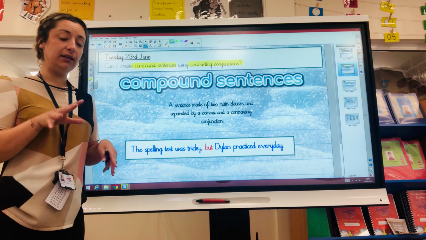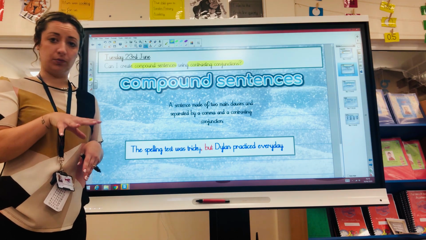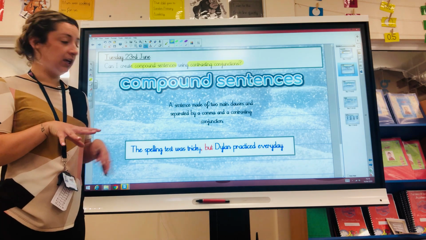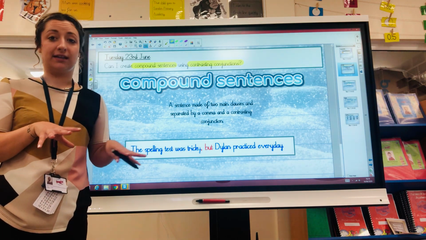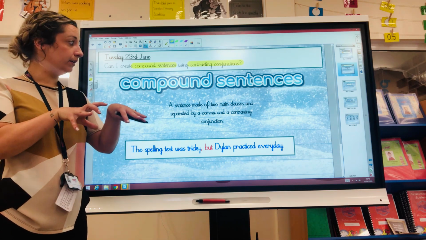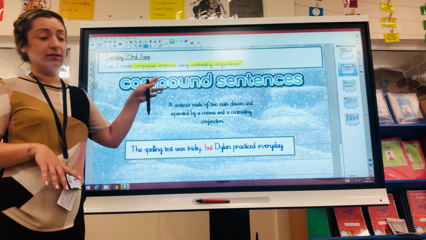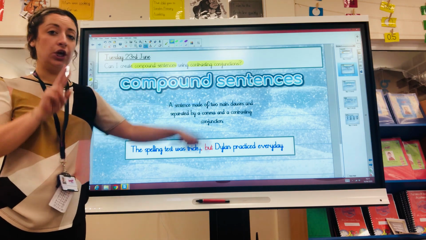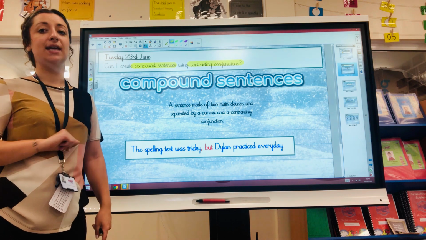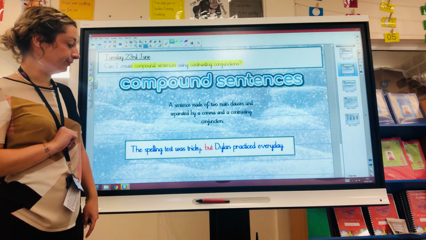Now we know that a main clause is a sentence that makes sense all by itself. It doesn't need any additional information. And a subordinate clause doesn't make sense by itself. It needs the main clause to help it. But a compound sentence is made of two main clauses, two sentences that make sense on their own.